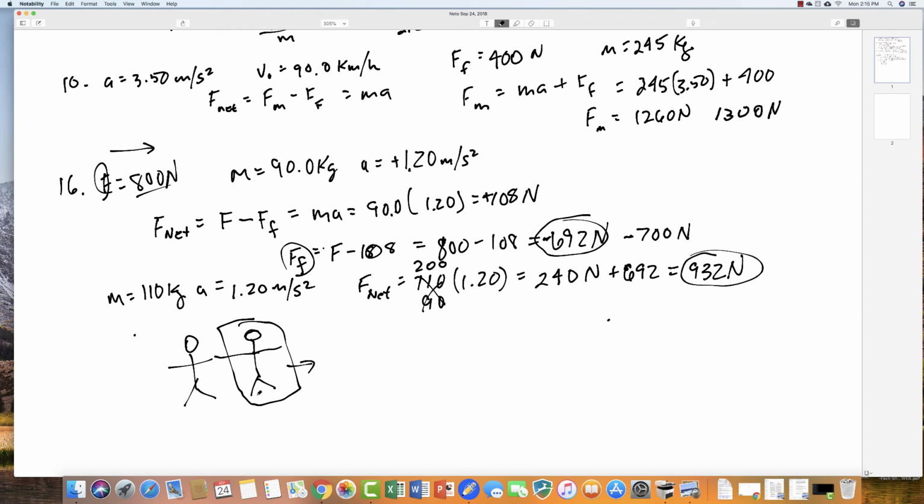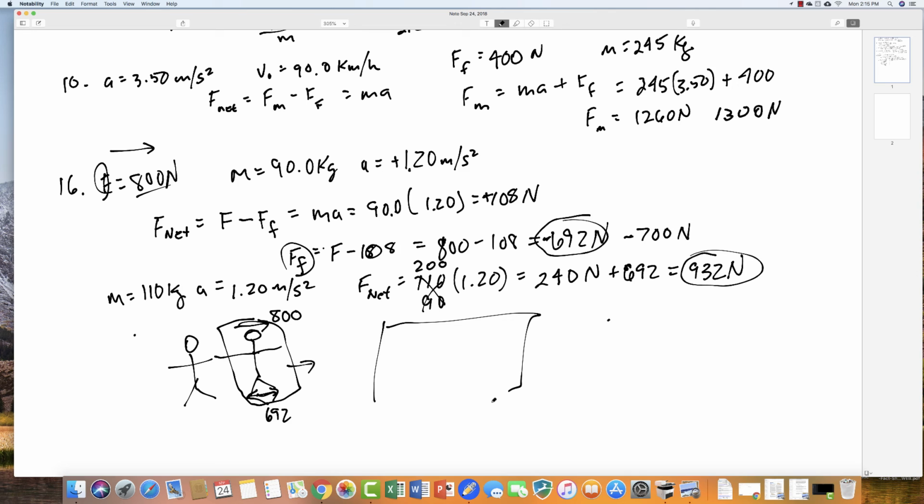And so his backward force is 692, and the total force being exerted on him is 800. So the friction force is 692, going this way against the force being exerted by the football player.